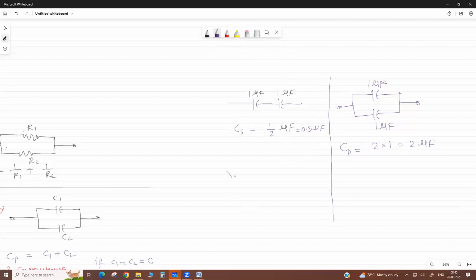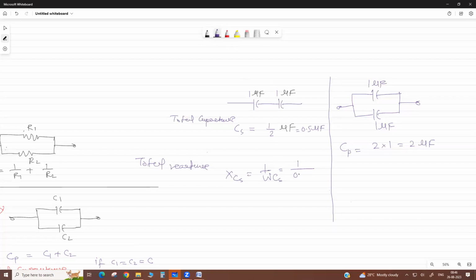But if we calculate their reactance, now that we have the total equivalent capacitance, we calculate the total reactance. Xc equals 1 by omega C. Omega is 2 pi f, the same value.